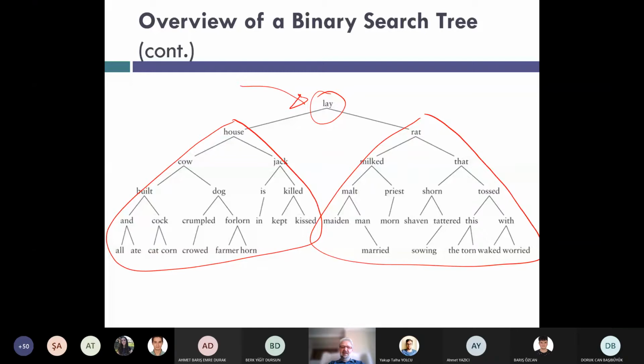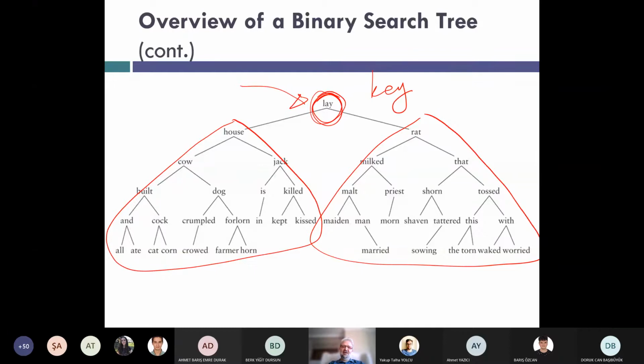How do we continue? Since both subtrees are binary search trees, we can search for the key on the left subtree or right subtree recursively. We perform the operation recursively on one of them based on the comparison of the key with the root.